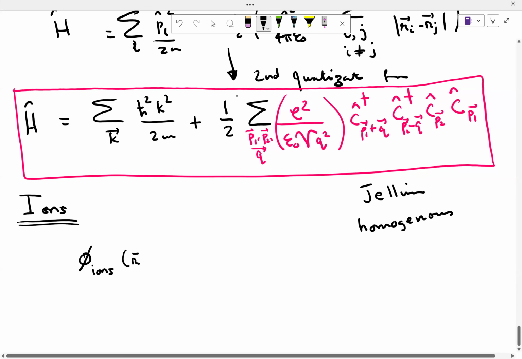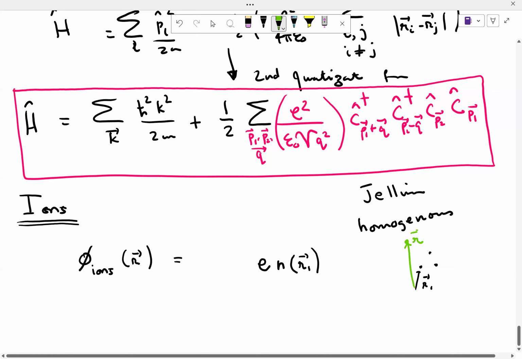So the potential at some position vector r is, of course, from your basic electrodynamics, you would know that this is given by e times the number density. So the ions exist at position vectors r1. So the ions are at r1, and you want to find the electric potential at r, right?